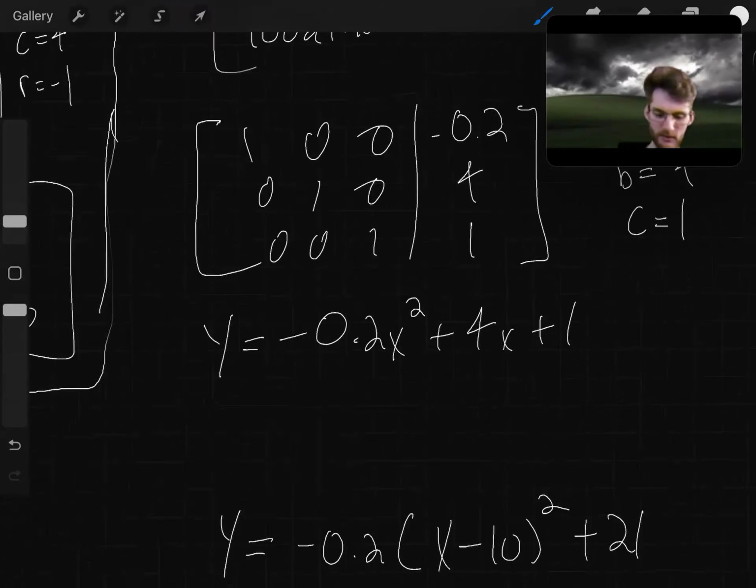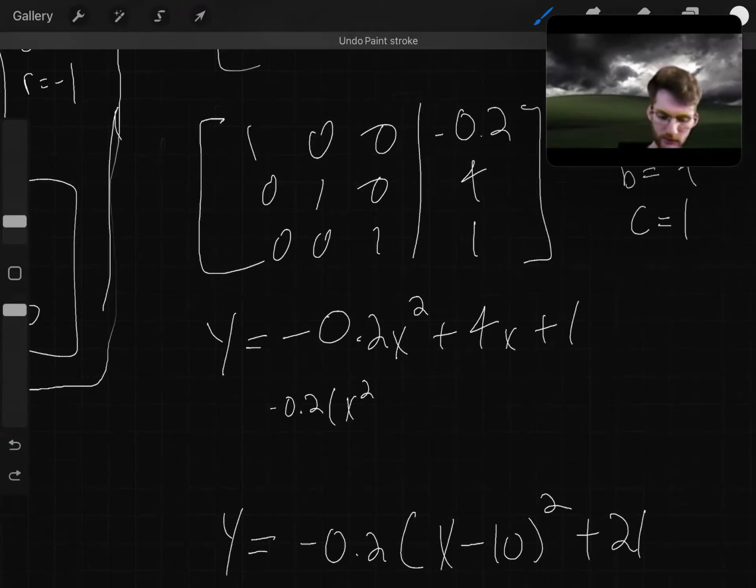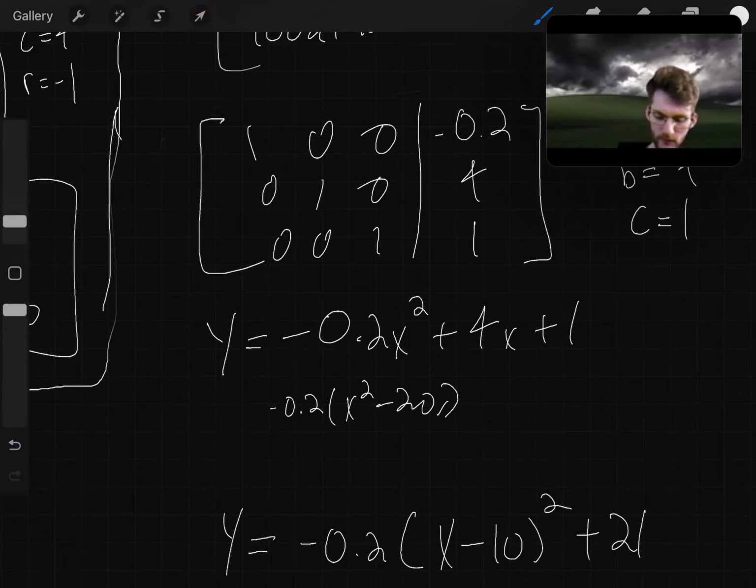So the way I did this is negative 0.2, that's x squared plus, oh, minus 20x plus 1. I want to complete a square, so then I'd have x minus 10 squared, which means then I'd have to add 100, 20 on this side.